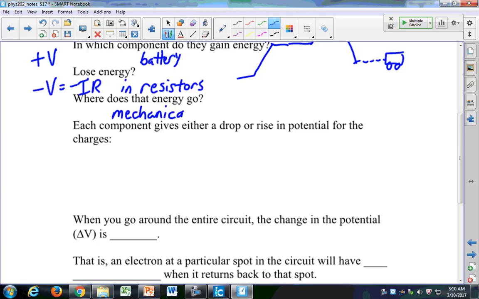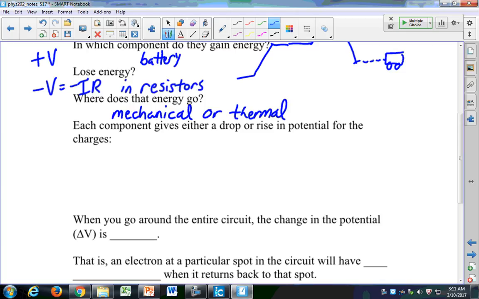With resistors, it's usually thermal energy. But you can do various things with circuits to convert it to mechanical energy. And we'll talk about that when we get into magnetic fields, because it has a lot to do with magnetic fields to actually provide a force.